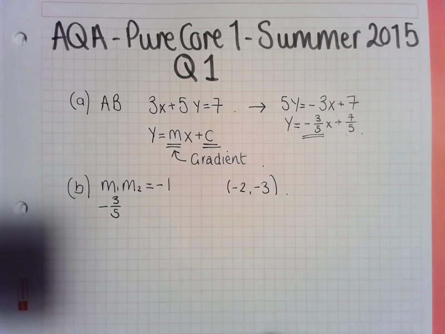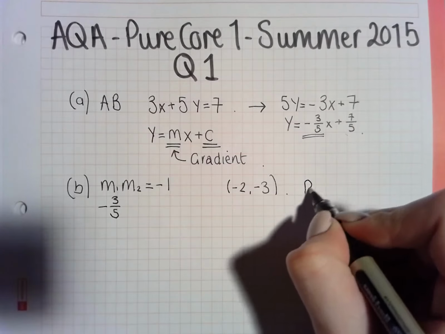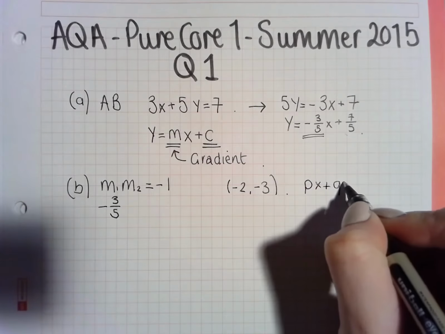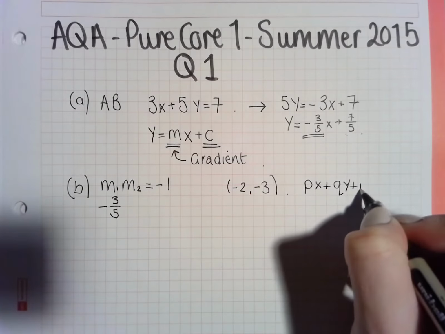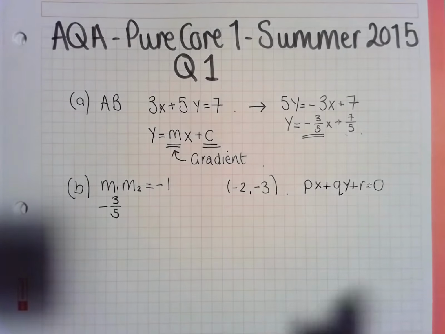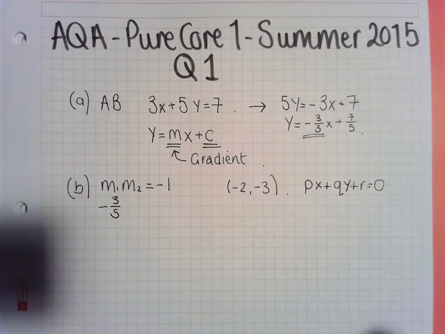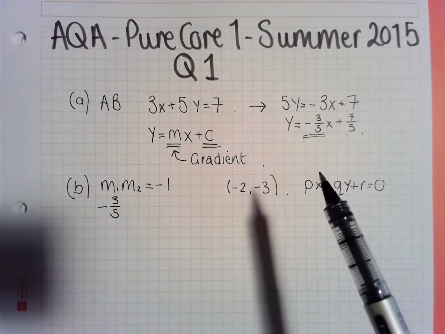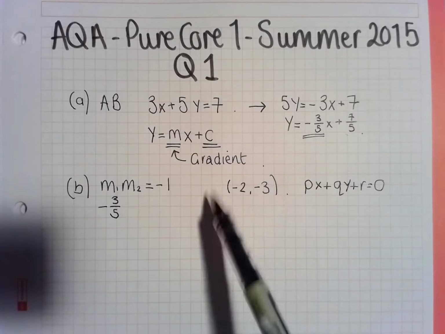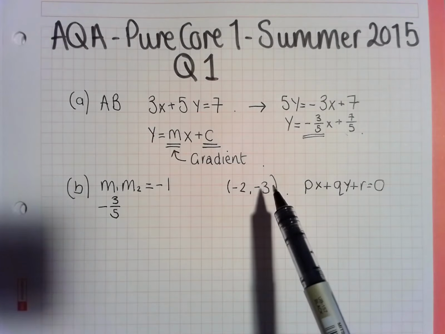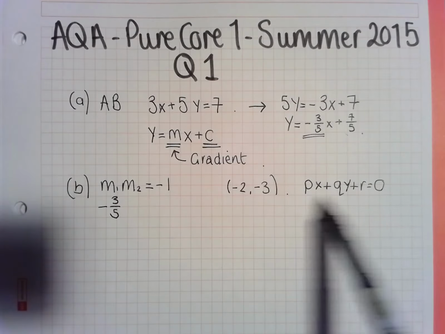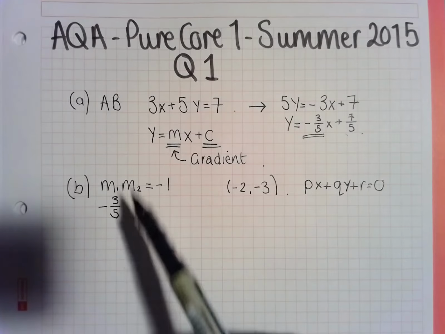Express your answer in this form, px plus qy plus r equals 0, where p and q and r are integers, which means whole numbers. So we want to find this line that passes through this point, and we want to write it in this form, and it's perpendicular to AB.